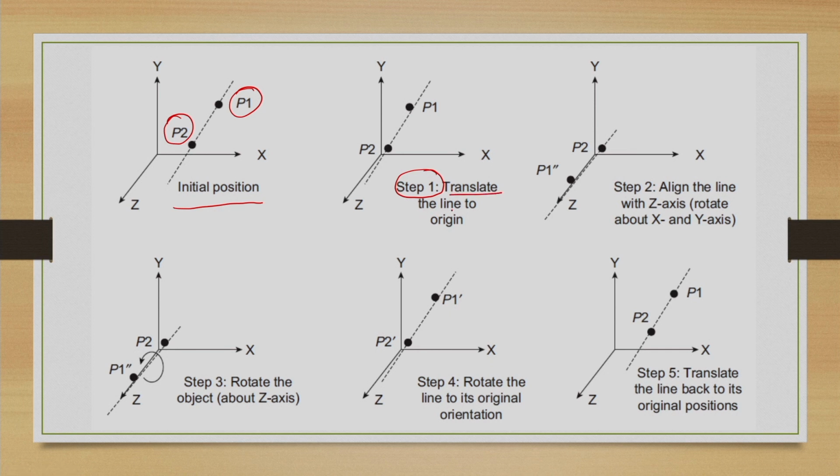Remember earlier in our discussion on composition of transformation, we discussed how to combine multiple transformations. There we said that if we are trying to perform some basic operation with respect to any arbitrary fixed point other than origin, then we first translate the point to origin, perform the basic transformation and then translate it back to its original location.